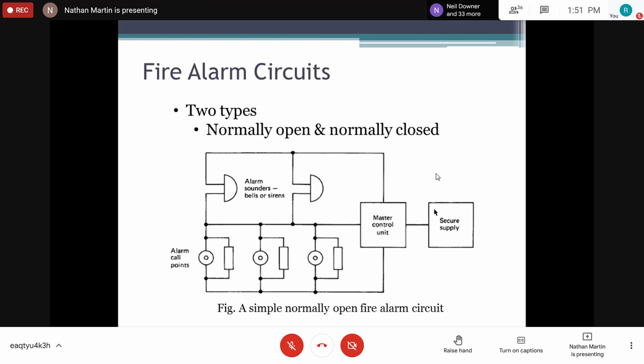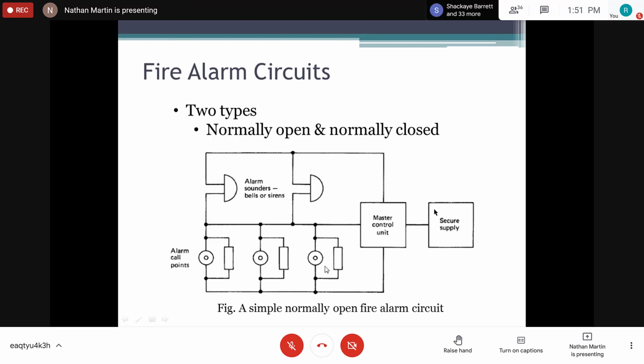So we say there are two types of fire alarm circuits that you need to know about. We have the normally open and we have the normally closed. Now, the one shown here is a normally open, simple circuit. So we just show you a simple diagram, right? Based on the diagram that you are seeing here, we can give a brief operation of the circuit.